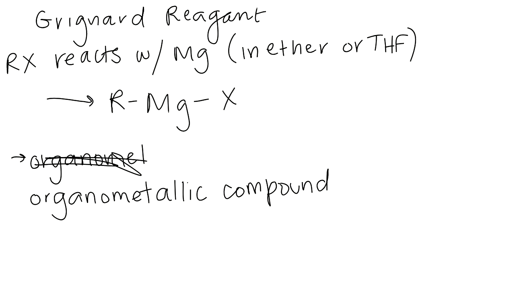So here, this is important because this is a very polarized bond. If this R is a carbon, we expect for our dipole moment to be going towards the magnesium. Sorry, I said that wrong. We expect for our dipole moment to be going towards the carbon.